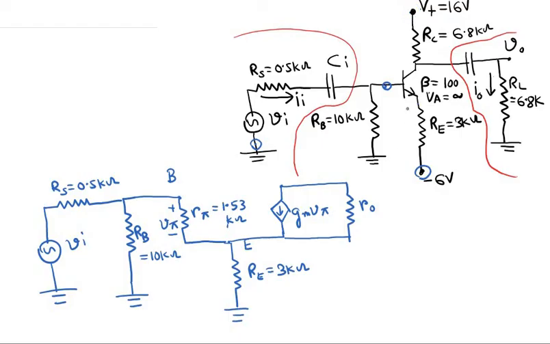So between this AC ground over here and this collector terminal, this resistance RC is present, and this resistance RL is present between the collector and this AC ground over here. So between the collector and the AC ground, this resistance RC is present, and also this resistance RL is present.